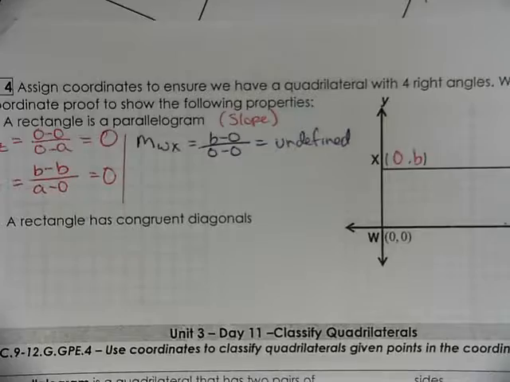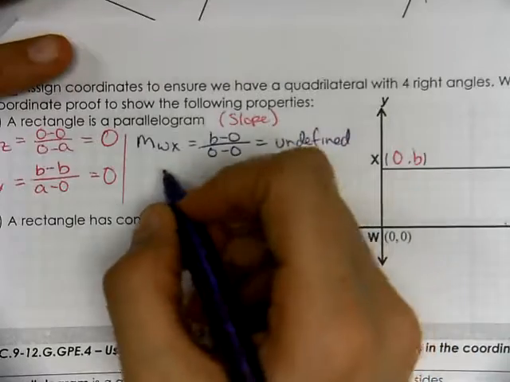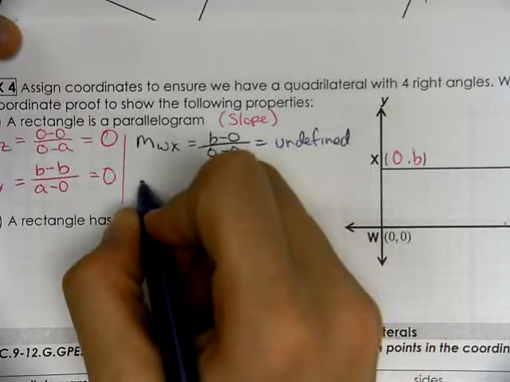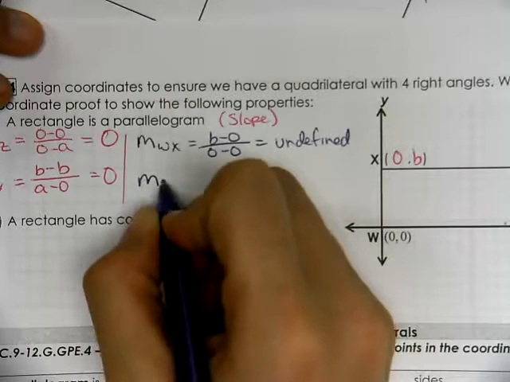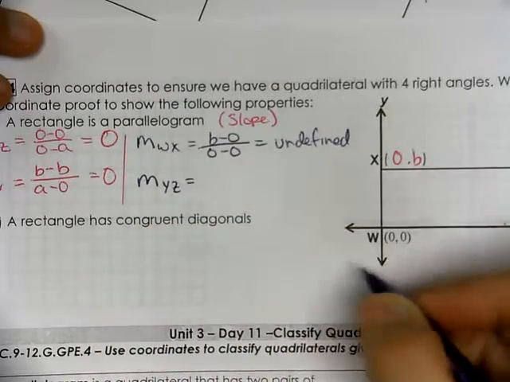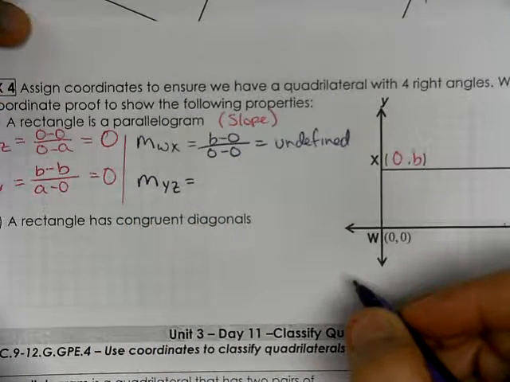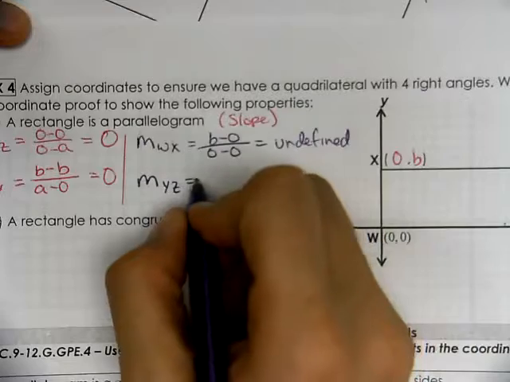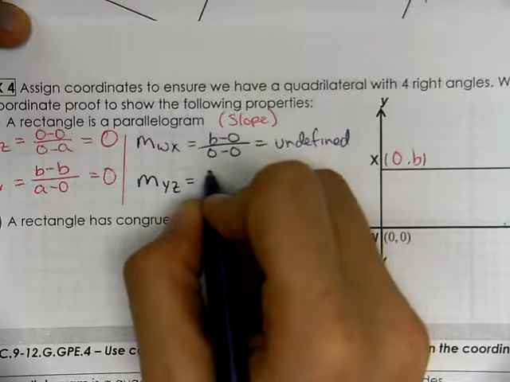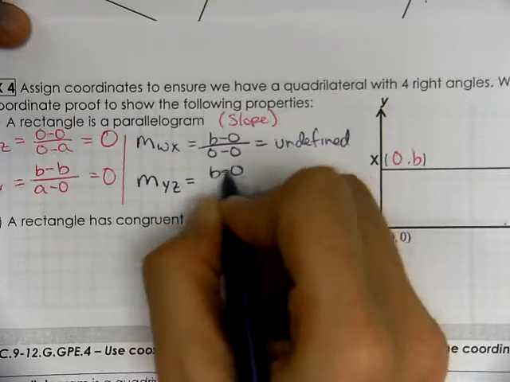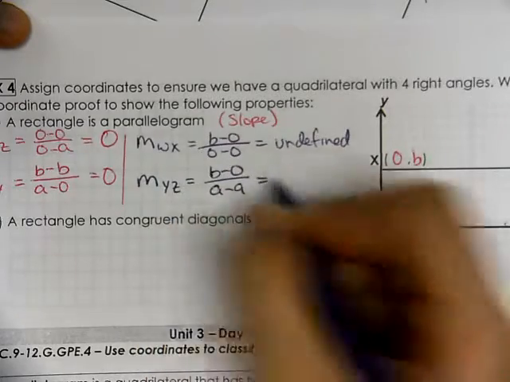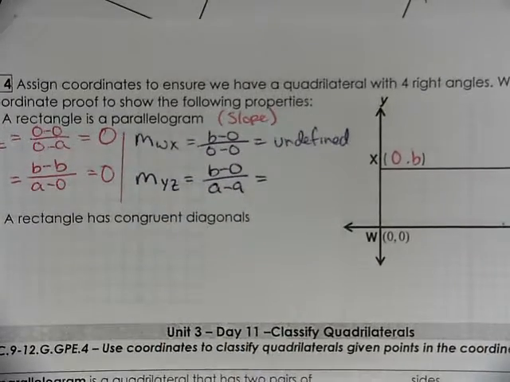And then I'm going to check the slope from Y to Z. B minus 0 over A minus A. What do we end up with?